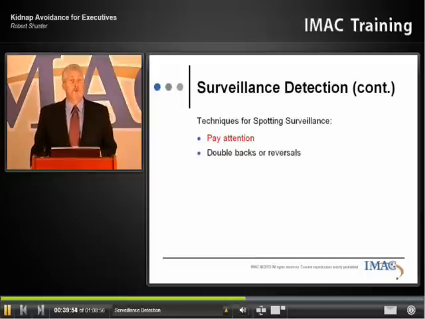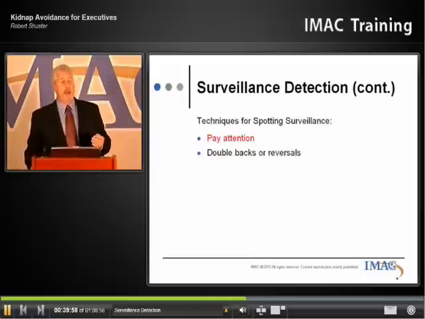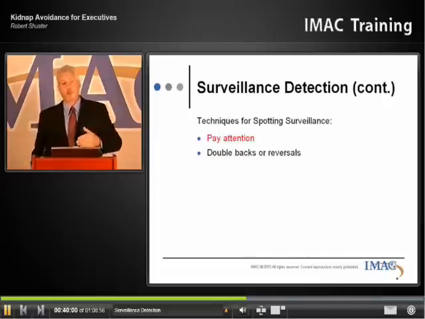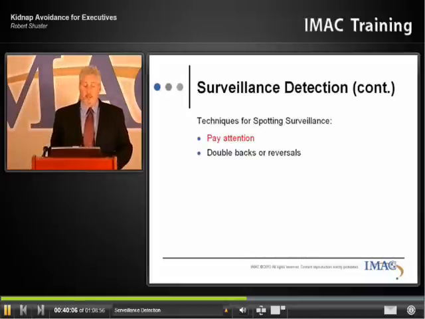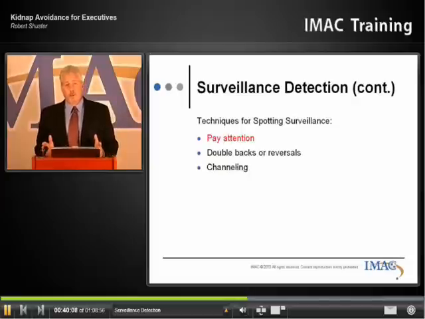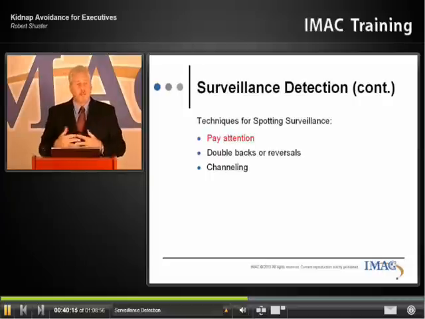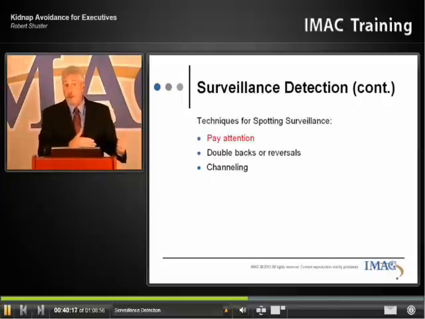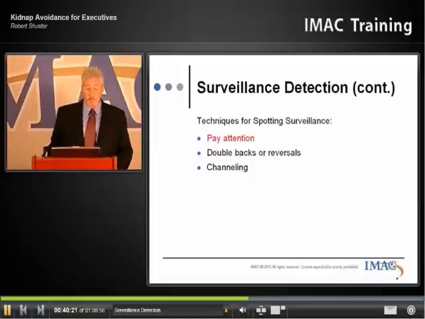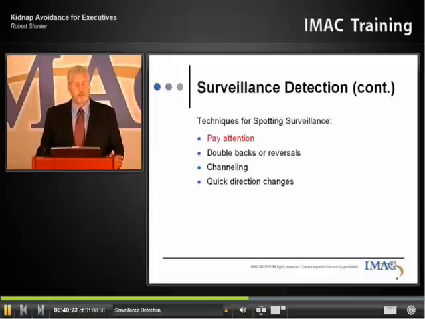Double backs or reversals. Just double back on your pathway, not backing up, but reverse your path. Perhaps go the long way around to a particular place. Channeling. You could go through the back part of a shopping center, through the back alleyway. That's not a typical traffic pattern, but if somebody follows you that way, that's a reason for concern. You need to observe that. A quick direction change.